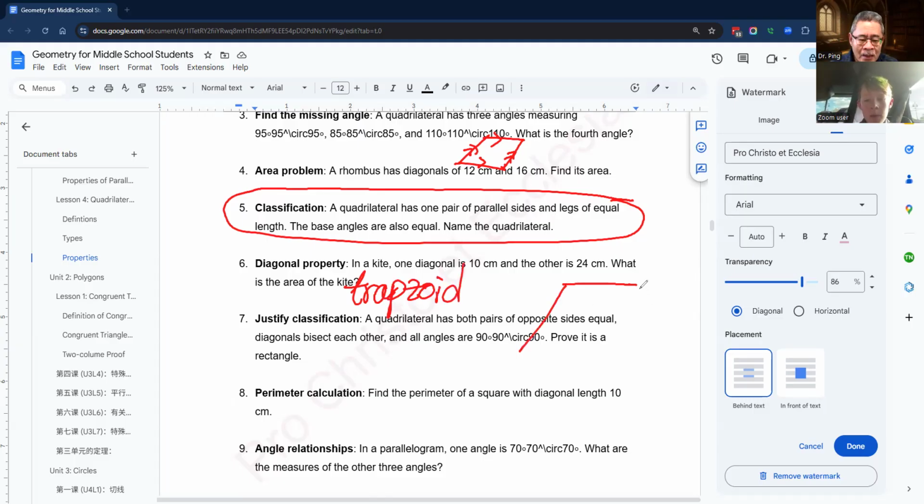Okay. And what type of trapezoid? Because this is a special type of trapezoid. This side and this side are congruent, and this base angle and this angle are congruent. So what kind of special trapezoid is that?